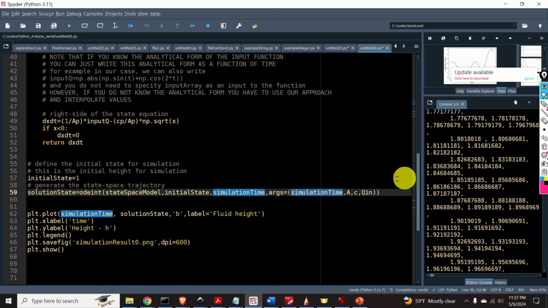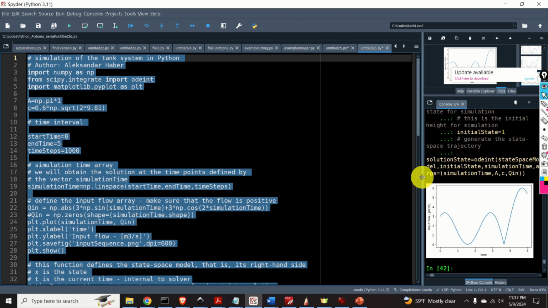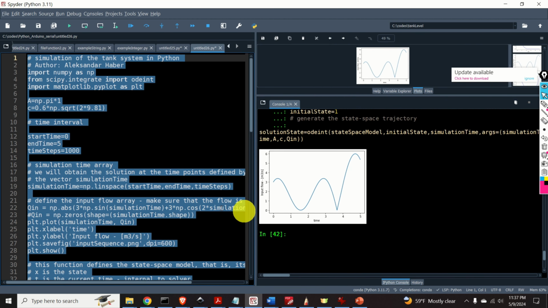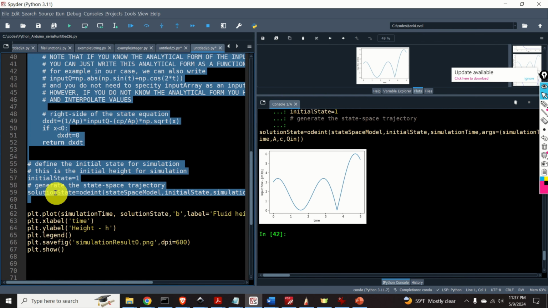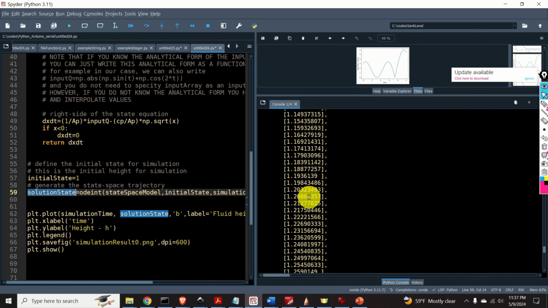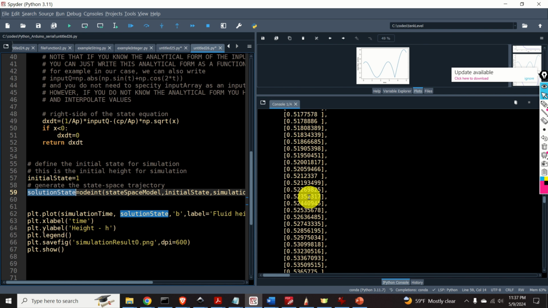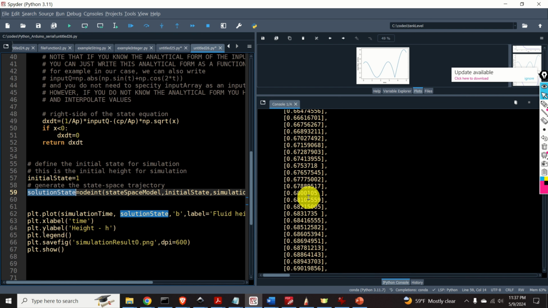Let's run this code and let's analyze the result. Here it is. Let's see the output of this function. It's the solution state. Here it is. And the entries of this array represent the level h at different time steps.